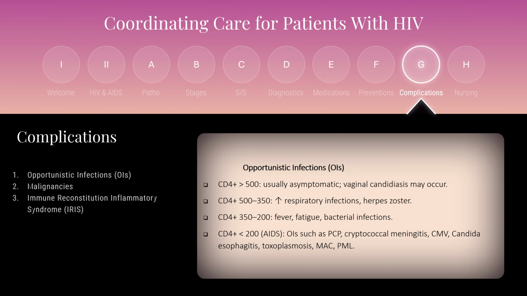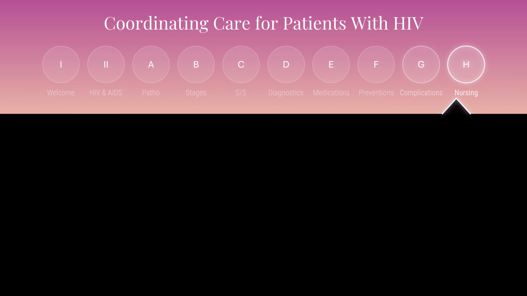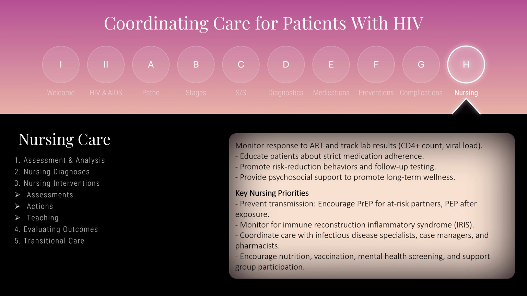So now we go to the last part of the chapter. We have nursing care assessment and analysis. Monitor for common symptoms like fever, cough, weight loss, skin lesions, dyspnea, night sweats, neurological changes. Track the CD4 plus count, viral load, weight, TB status, immunization, depression.